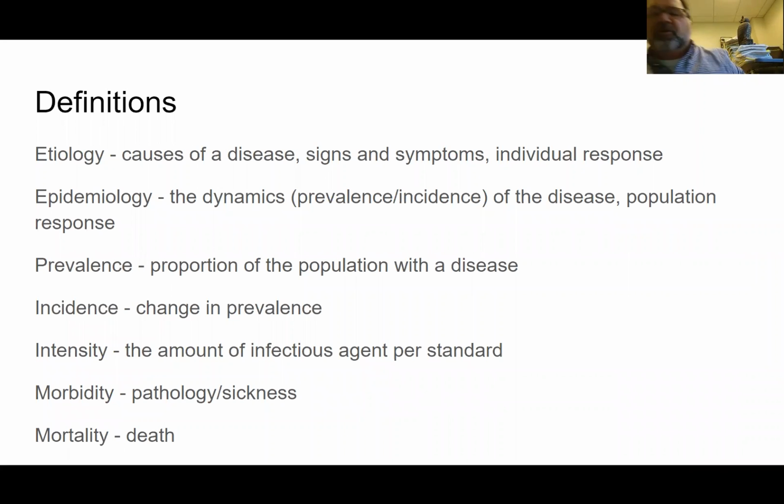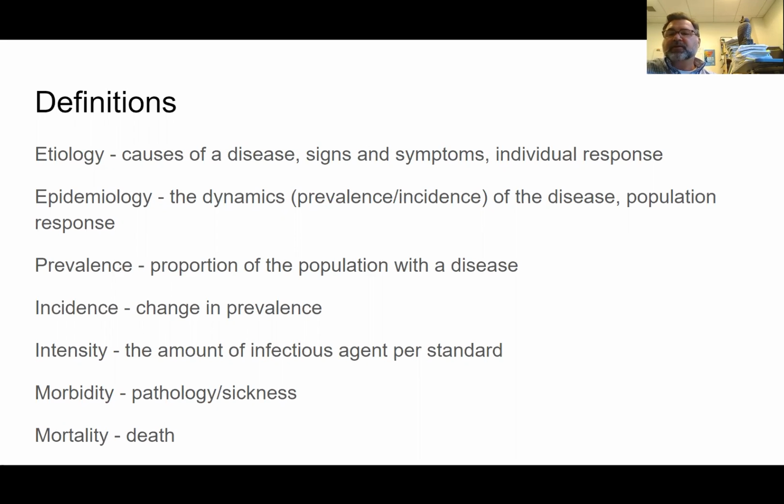I'm going to go through a large number of definitions, so you just have to bear with me. These are important to understand disease dynamics and how it affects animal and plant populations. First, etiology is the study of a cause of a disease, so it's understanding the signs and symptoms. And I think the best way to think about this is what are the individual responses to a disease?